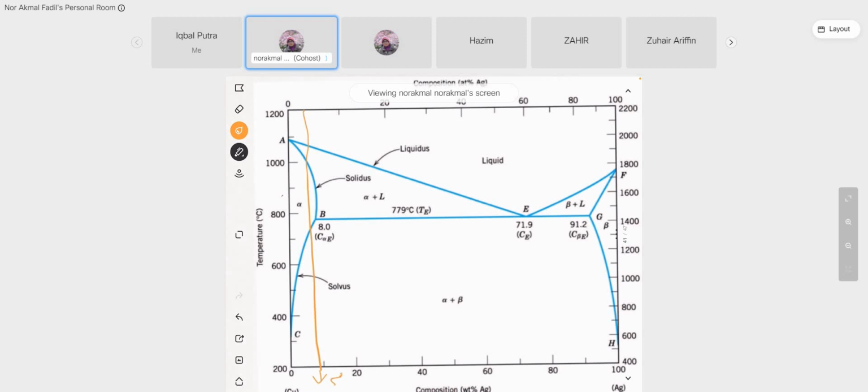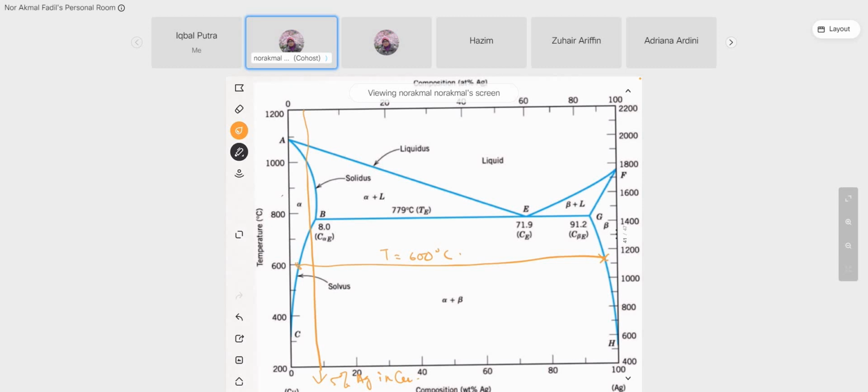You have 5% silver in copper. Okay, let's say this is your alloy, and then you want to determine what is the fraction of phases here at this temperature, 600. Let's say you take temperature equal to 600 degrees Celsius.